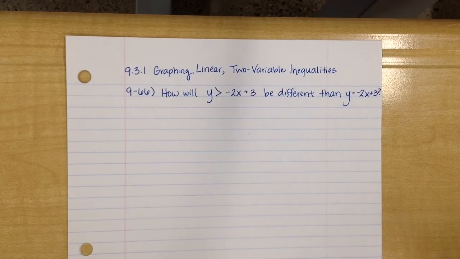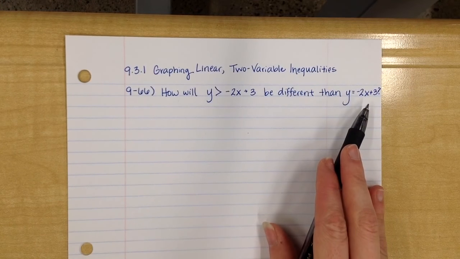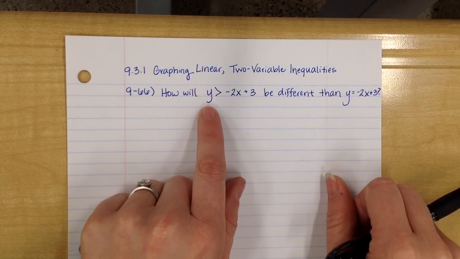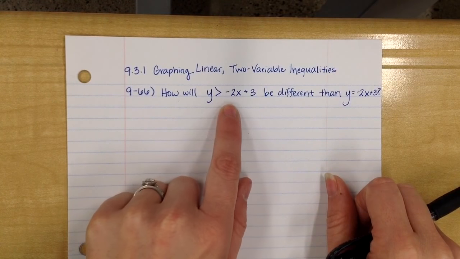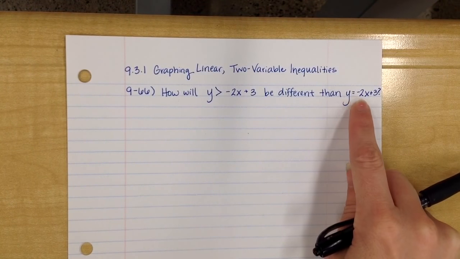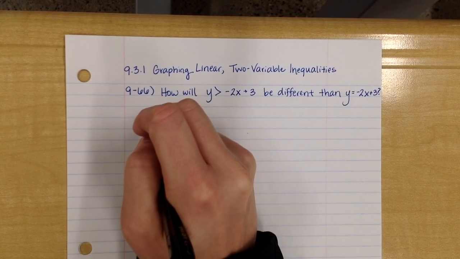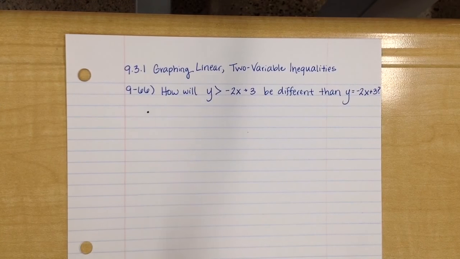Okay? So the first thing we want to take a look at is how these two are different from each other. I've given you two equations. y is greater than negative 2x plus 3, and then over here we have y equals negative 2x plus 3. So let's start by comparing and contrasting. How are they similar? How are they different?